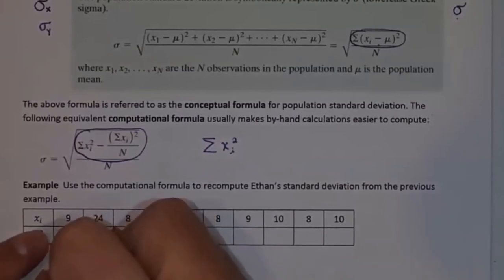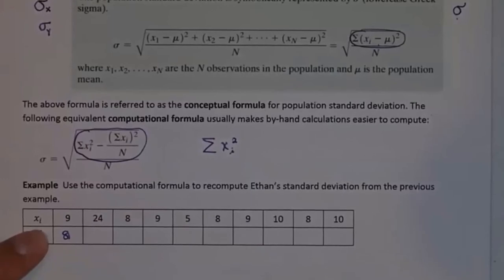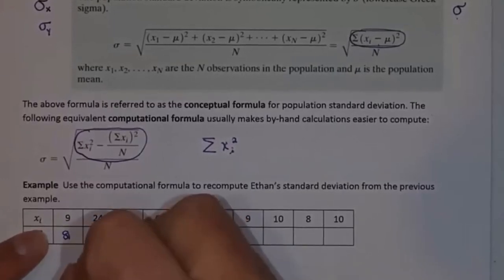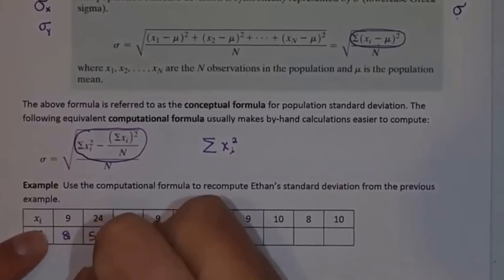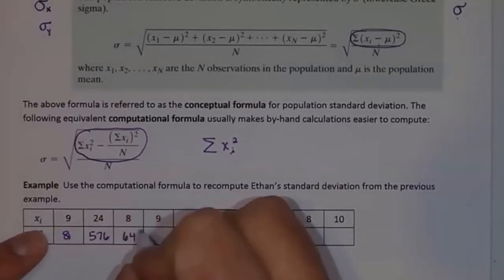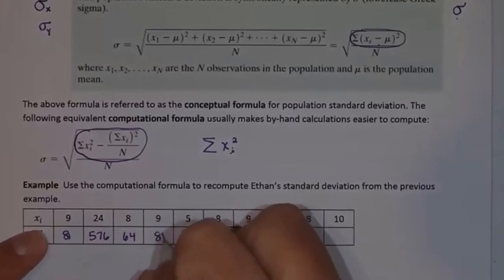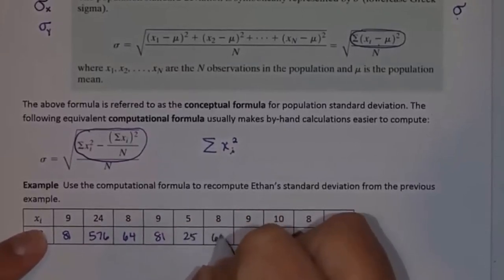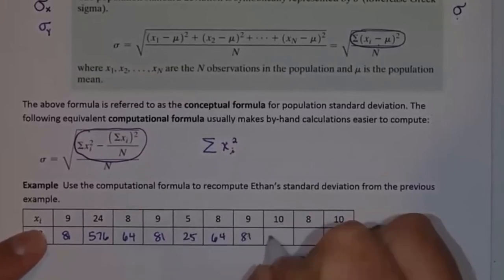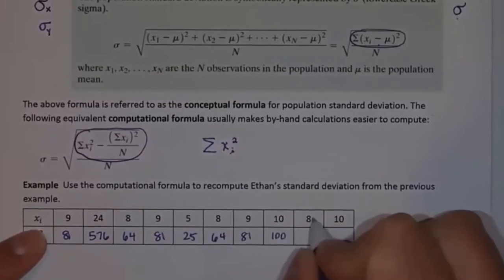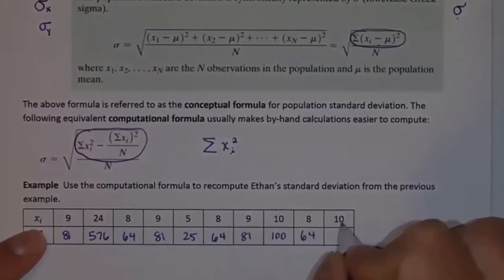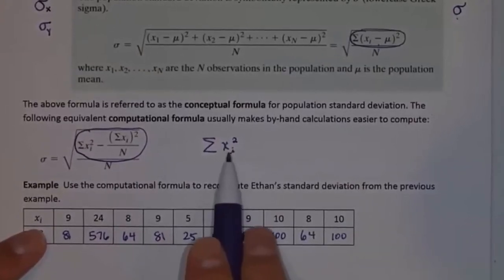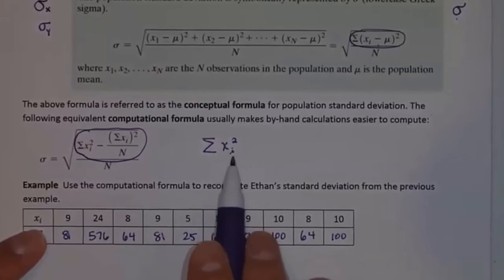So 9 squared is 81. 24 squared is 576. 8 squared, 64. 9 squared is 81. 5 squared is 25. 8 squared is 64. 9 squared is 81. 10 squared is 100. 8 squared is 64. 10 squared is 100.